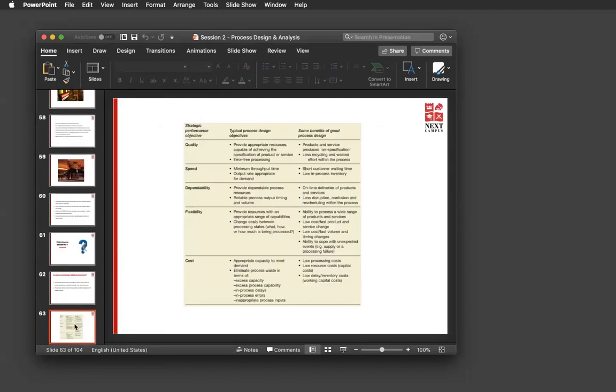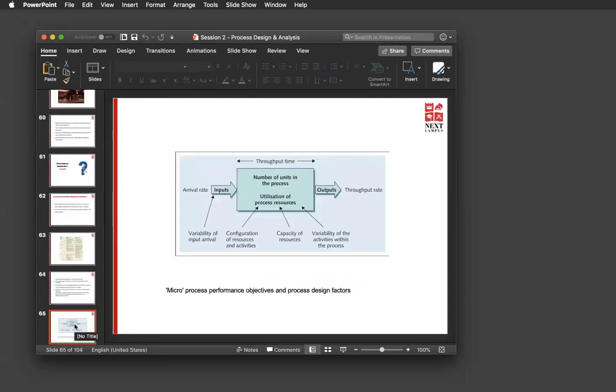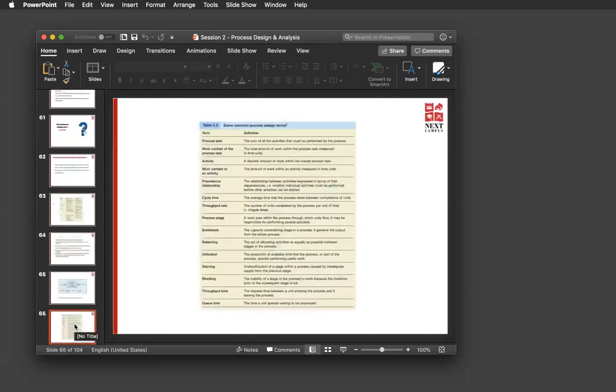Okay, so you can actually go through some of these things. It will tell you the most appropriate process design and the benefits that organizations will get if the organization pursues each of these performance objectives. It's self-explanatory. I don't want to go and read through the slides at this point of time.